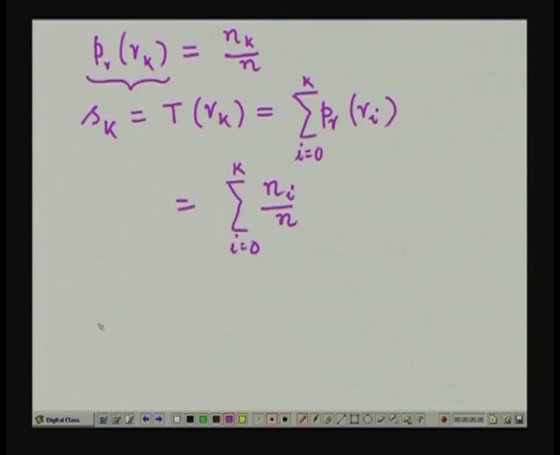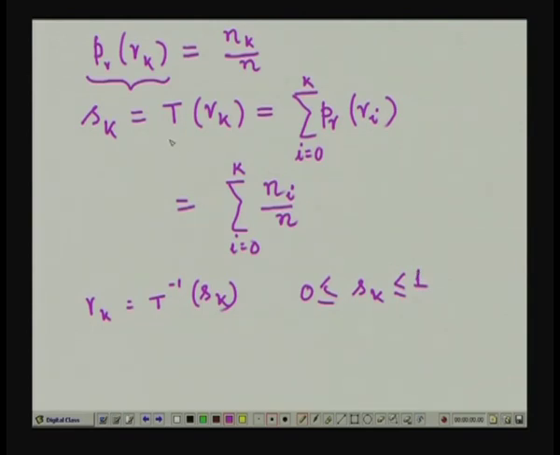The inverse of this is obviously r_k is equal to T inverse of s_k for 0 less than or equal to s_k less than or equal to 1.